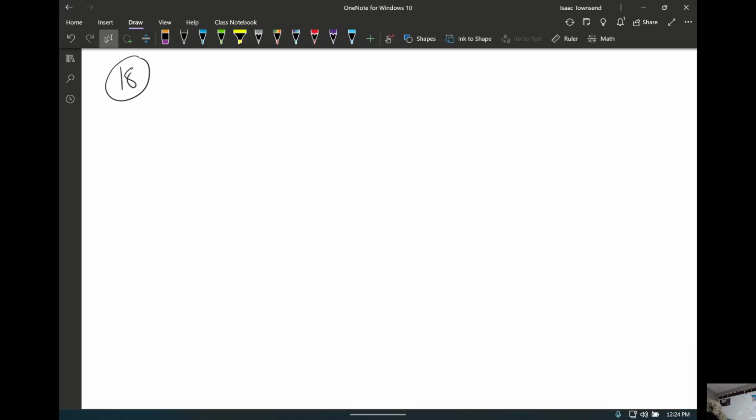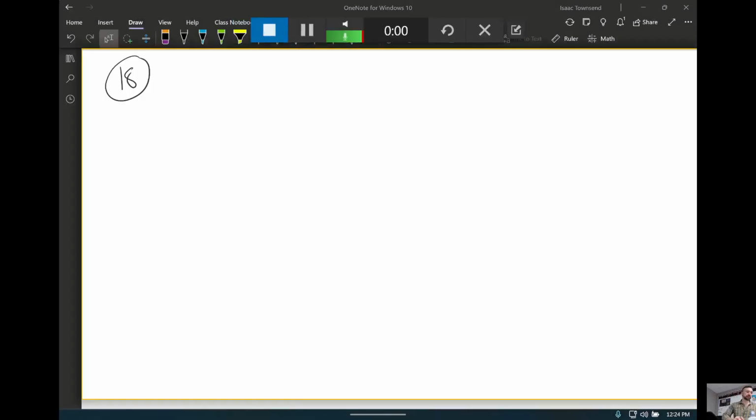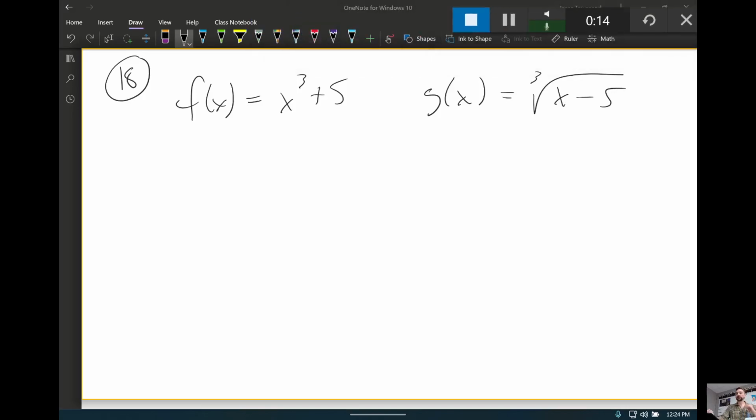Okay, 18 asks us to verify that f and g are inverses algebraically. The only way to verify that they're inverses algebraically is by plugging them into each other.